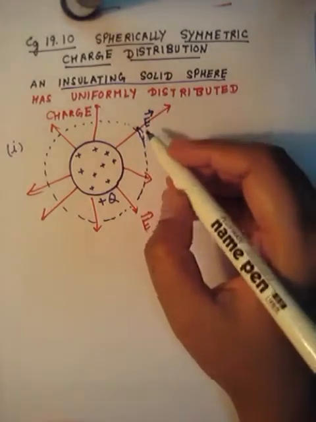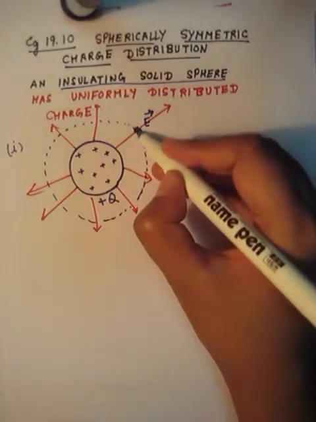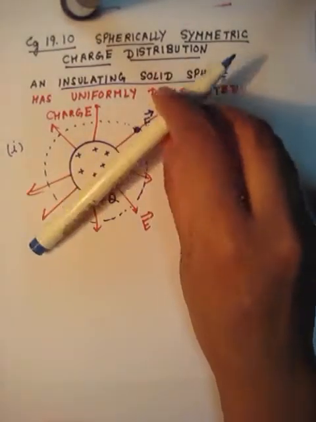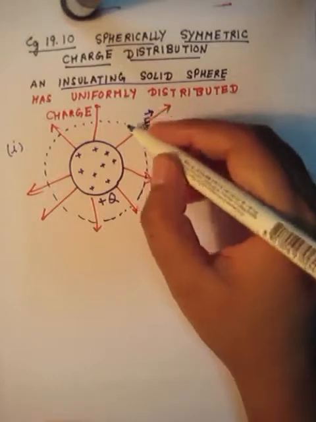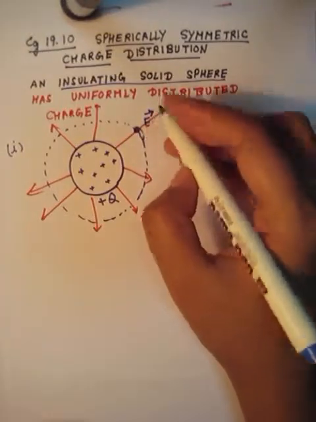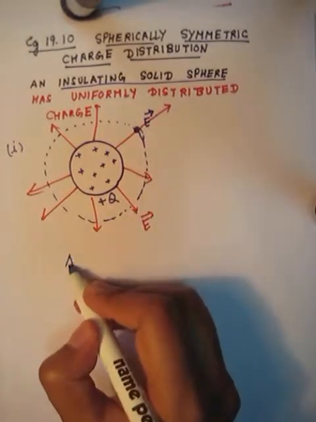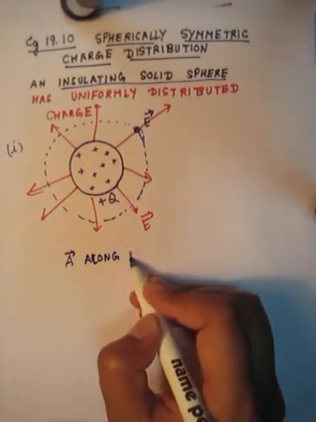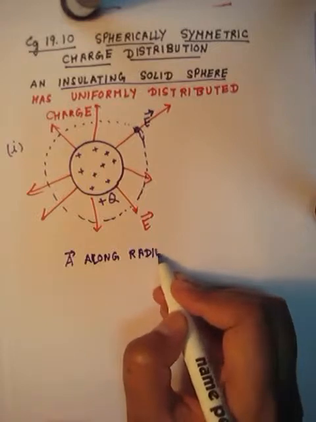On this Gaussian surface, we know that the electric field is radially outwards from the surface, and because it is a sphere, the area vector will also be along the radius of the sphere.